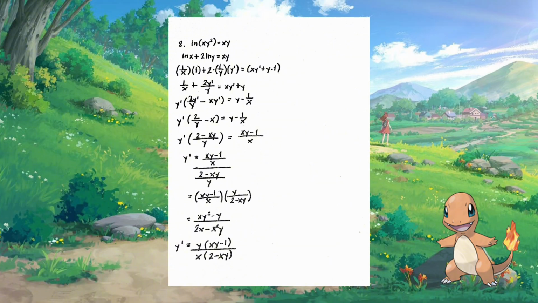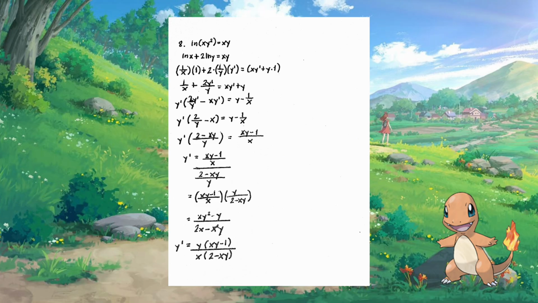Next, we're going to isolate the terms with y prime, so we'll have 2y prime over y minus xy prime is equal to y minus 1 over x, and we'll factor out the y prime, so we'll have y prime times the quantity 2 over y minus x is equal to y minus 1 over x.